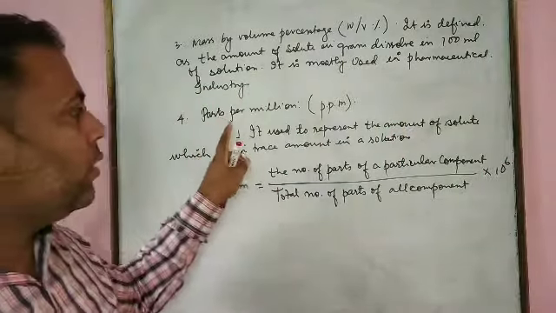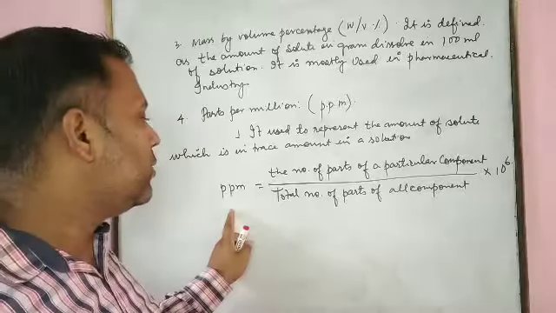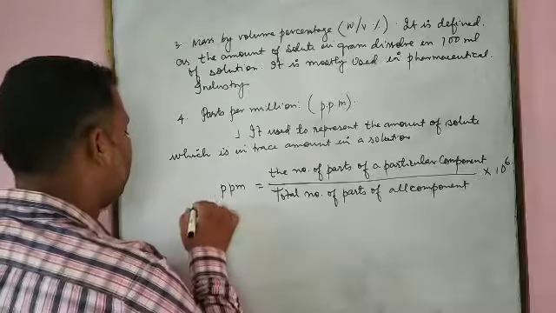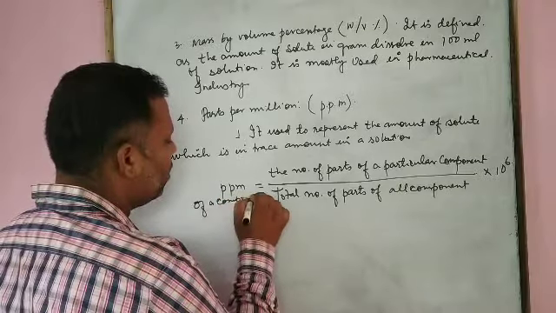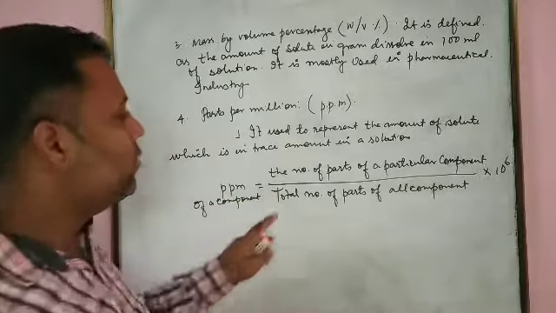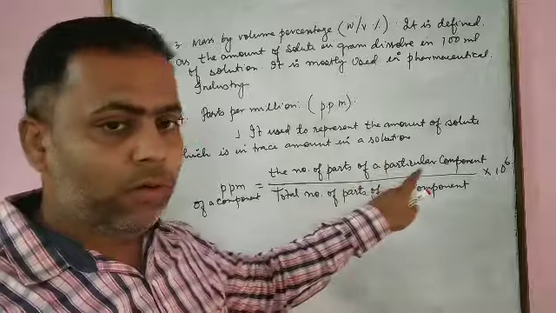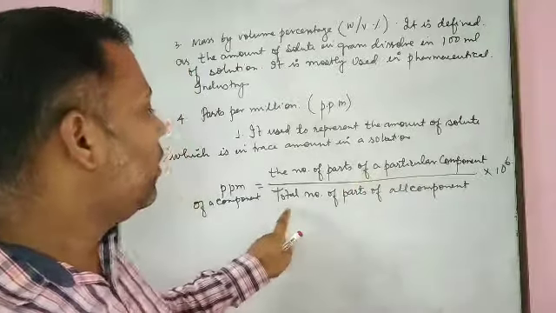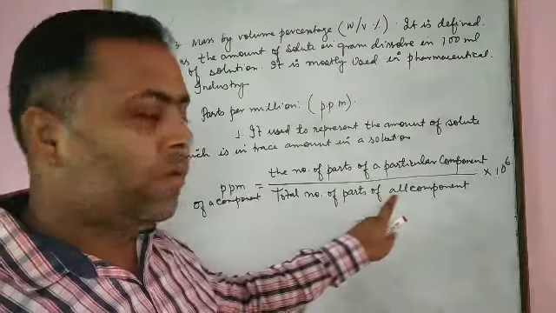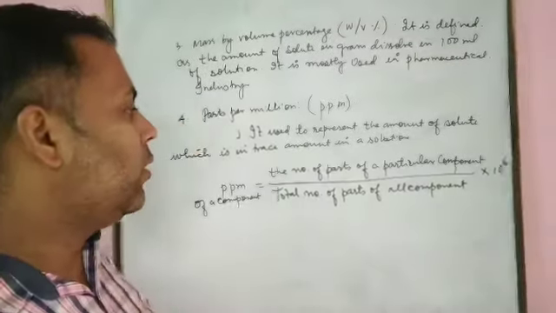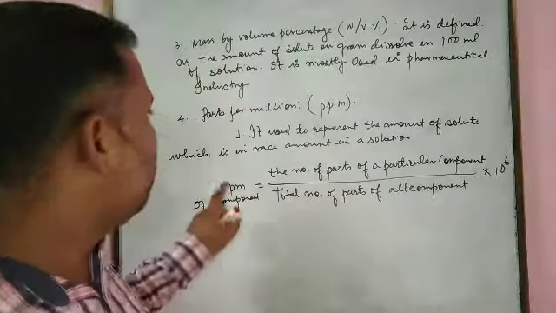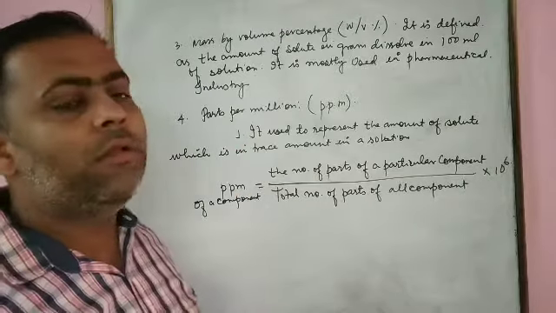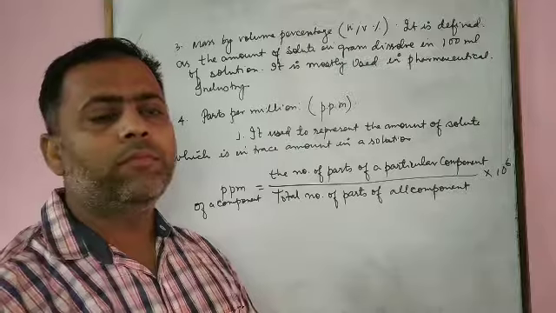Parts per million of a component is equal to the number of parts of a particular component divided by total number of parts of all the components multiplied by 10 to the power 6. This is how we represent parts per million.